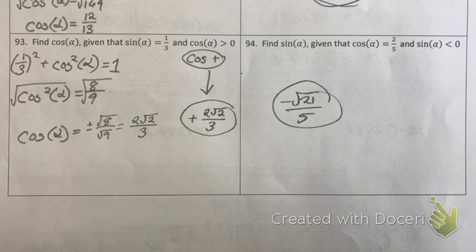It just says right off the bat, your answer needs to be positive. So cosine alpha greater than 0 just tells you that cosine is positive. So I knew my answer needed to be positive, but then we go to sine squared plus cosine squared equals 1, and we solve it the exact same way. Does that make more sense? Leslie? Thanks. Other questions?